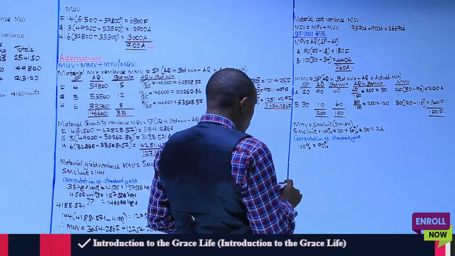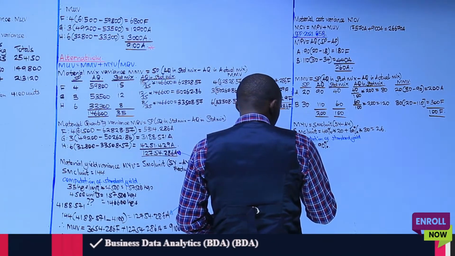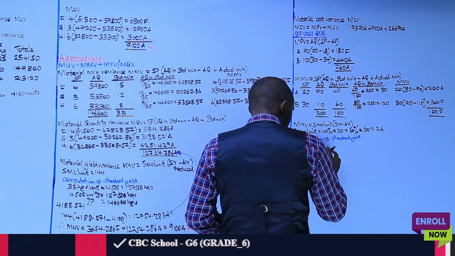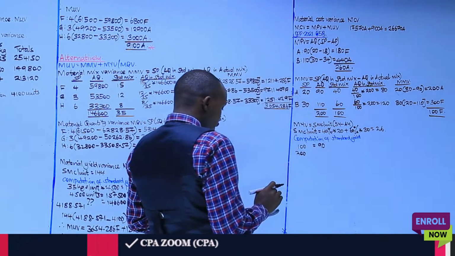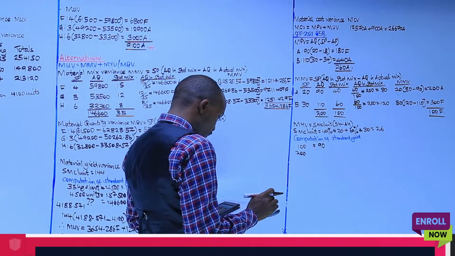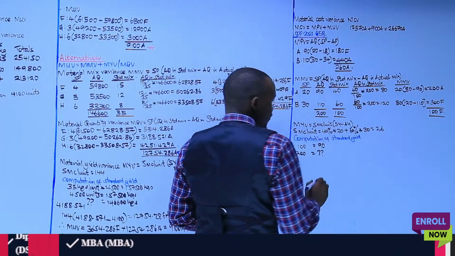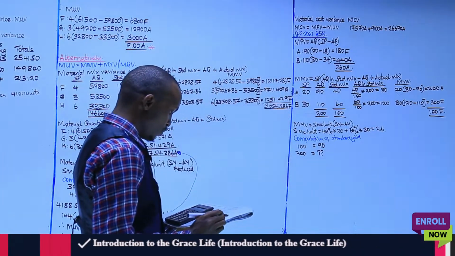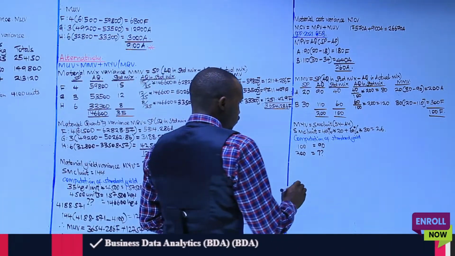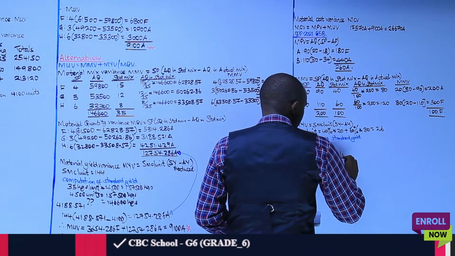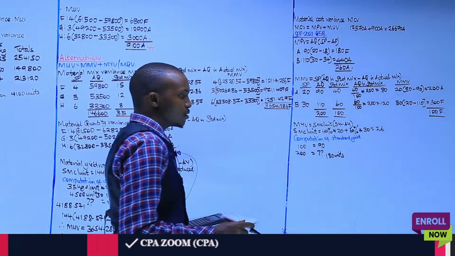If you introduce 200, how much should have been your standard yield there? Your standard yield should have been 180 units.